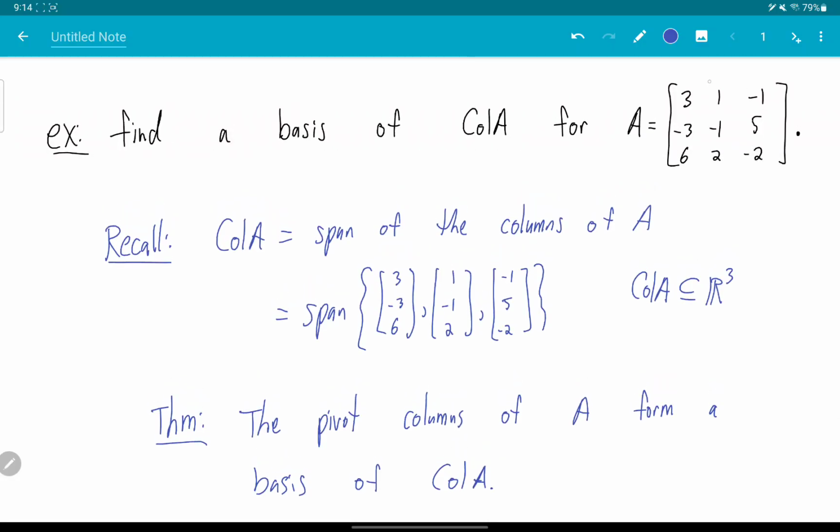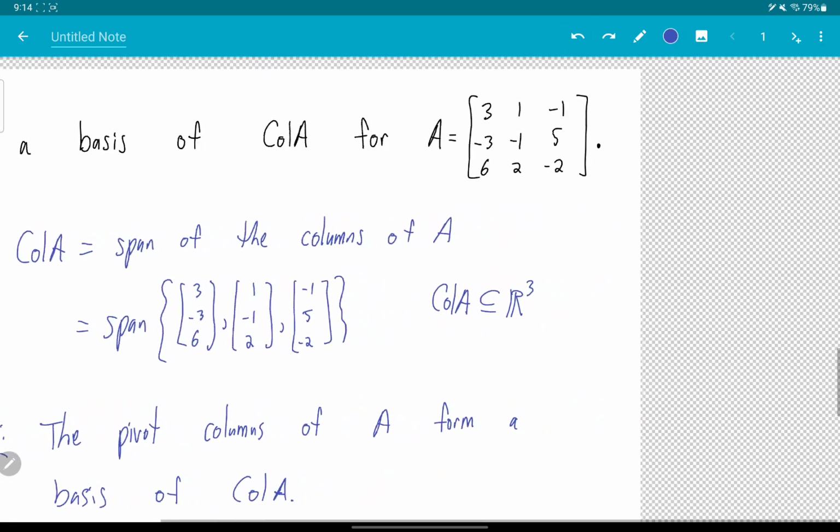What I need to do is just figure out which of these columns have pivots. So that is a quick row reduction.